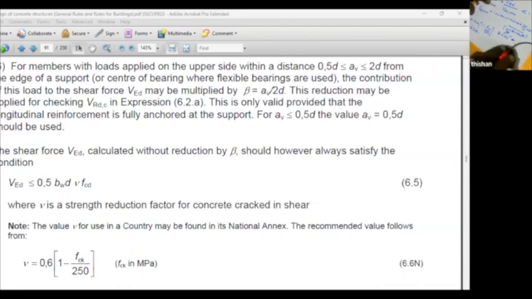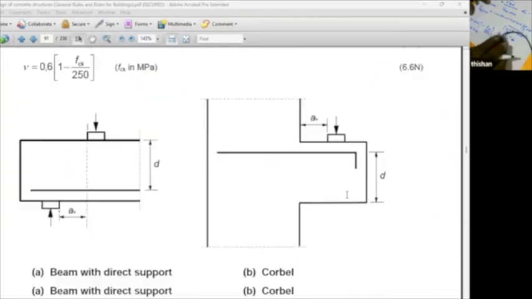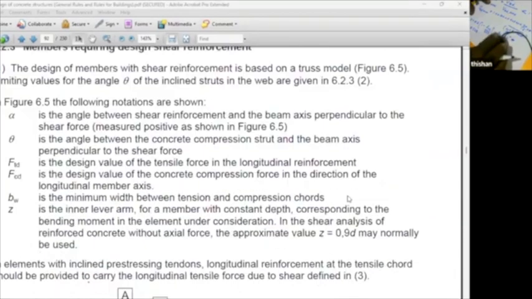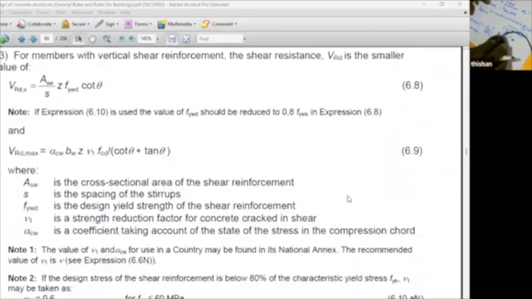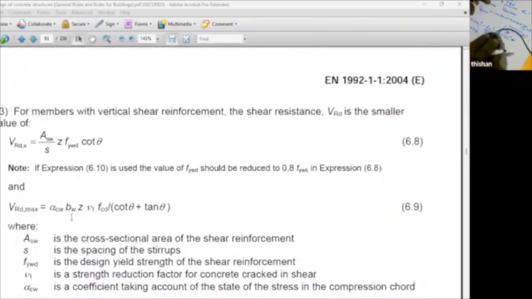Right. So I will go to the equation, VRD max. Right. So this is the equation. Alpha is 1. BW is 300.